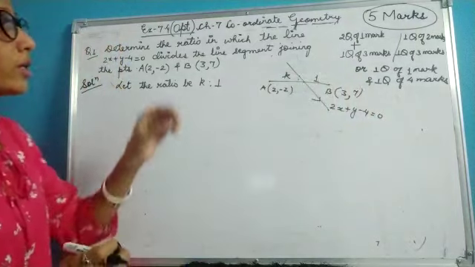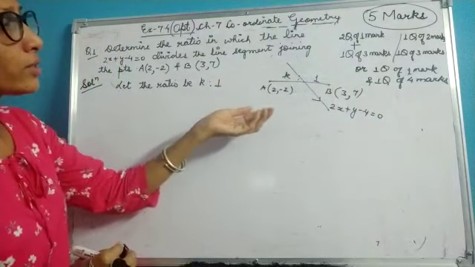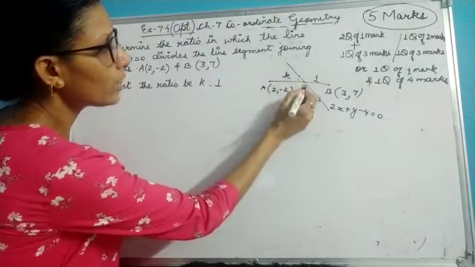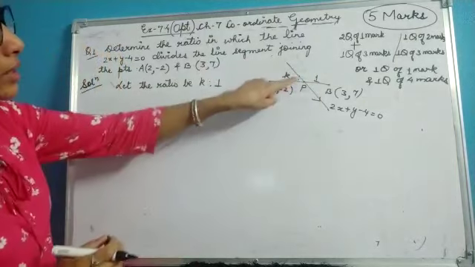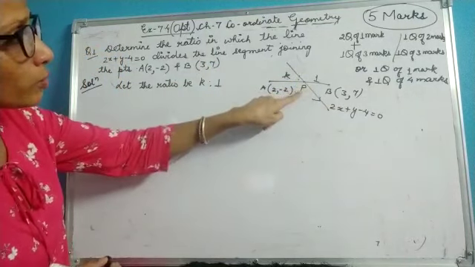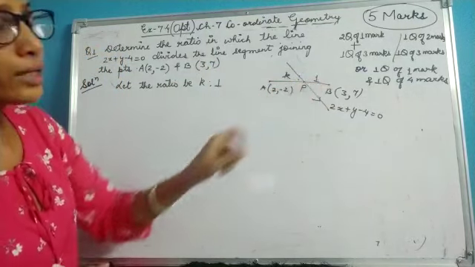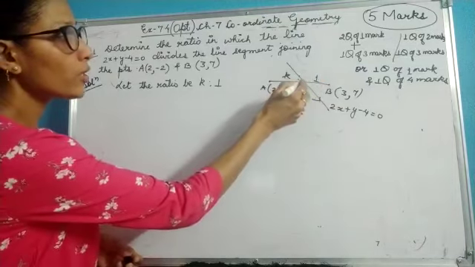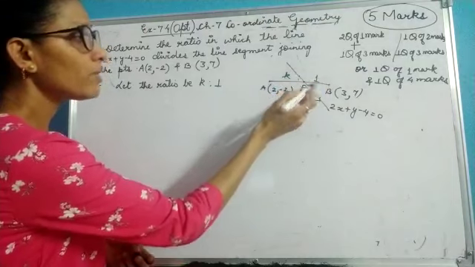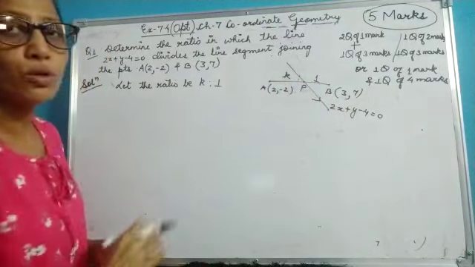Now children, you have to just think that this point lies on both the lines. If this is your point P, then this point P is lying on this line also, and this point P also lies on line AB also. If this is the common point on both the lines, that means this P will satisfy the equation of this line.